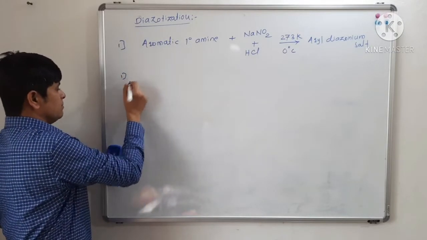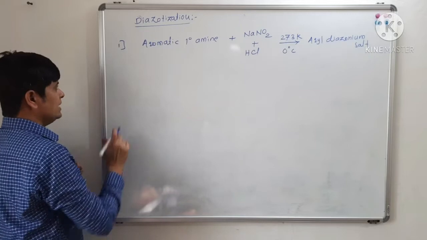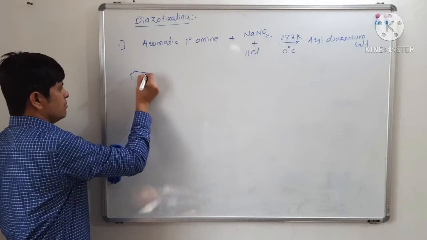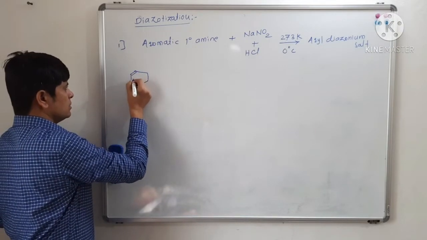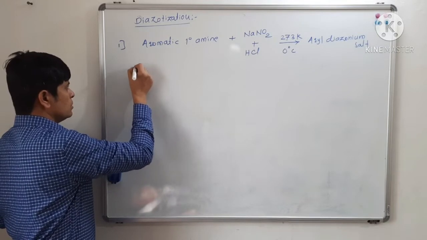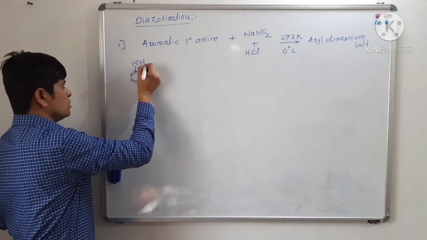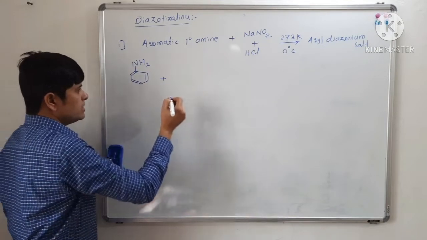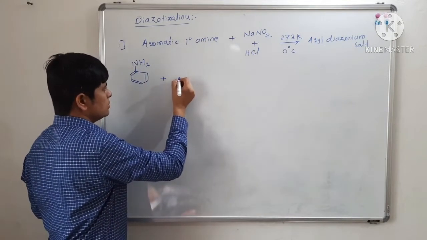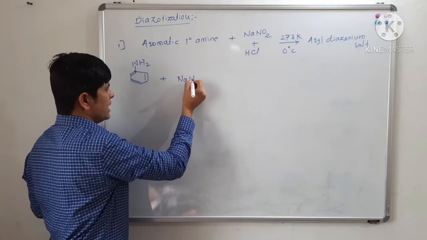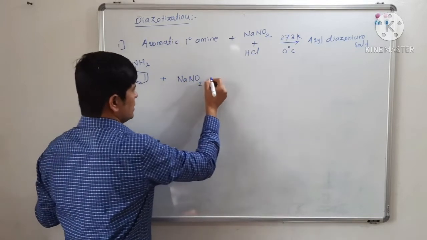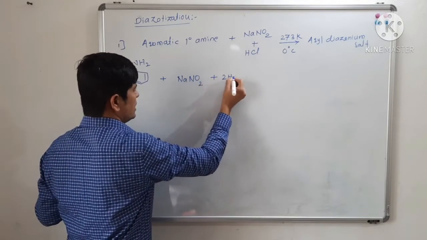We will take an example of aniline, an aromatic primary amine. It is reacted with sodium nitrite and hydrochloric acid.